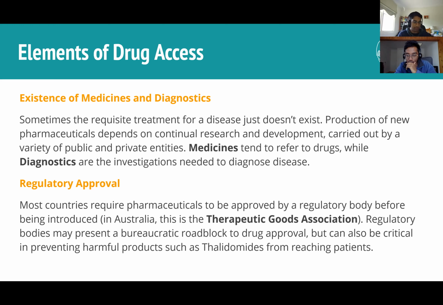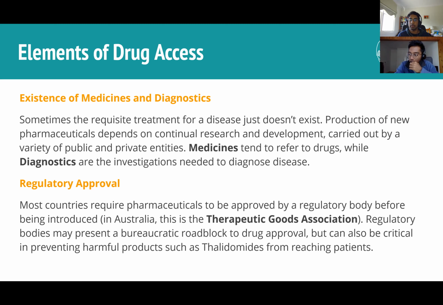A lot of diseases just don't have treatments. We might have a partial treatment or a prophylactic treatment, but no actual treatment once the disease takes hold. There are a lot of gaps in our pharmaceutical coverage. So if you want to treat a patient with a drug, the drug needs to exist in the first place. How do we get new drugs? We need to do research and development.